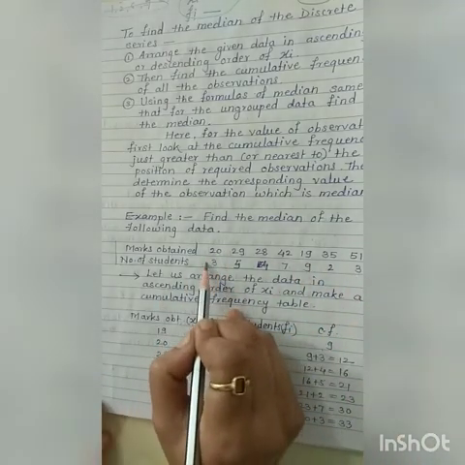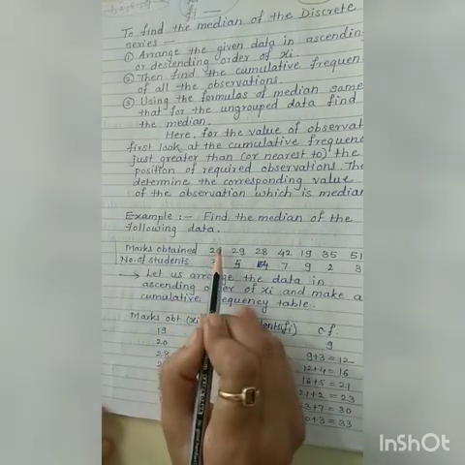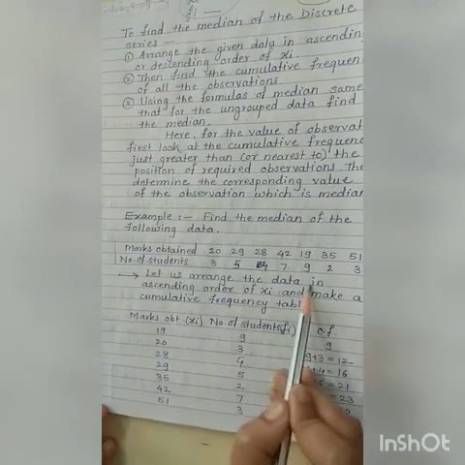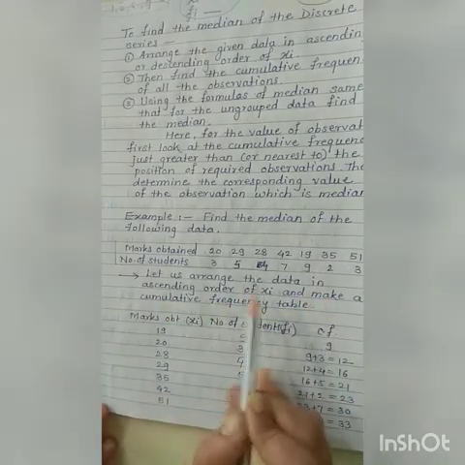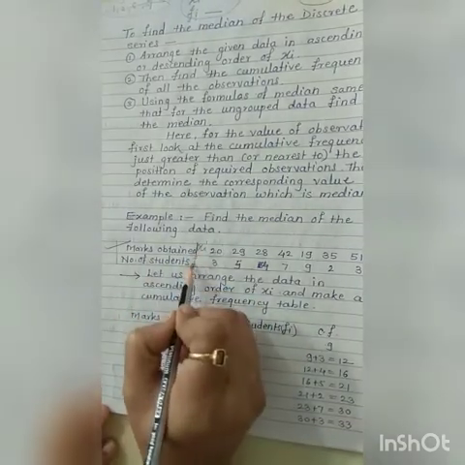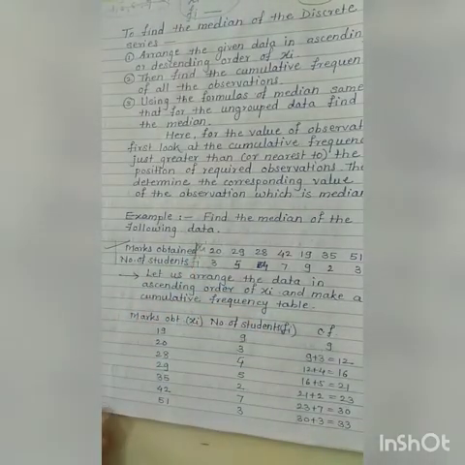So there are 3 students who have scored the marks 20, like this. Now let us arrange the data in ascending order of xi, because these are our xi's and these are our fi, that is frequencies.